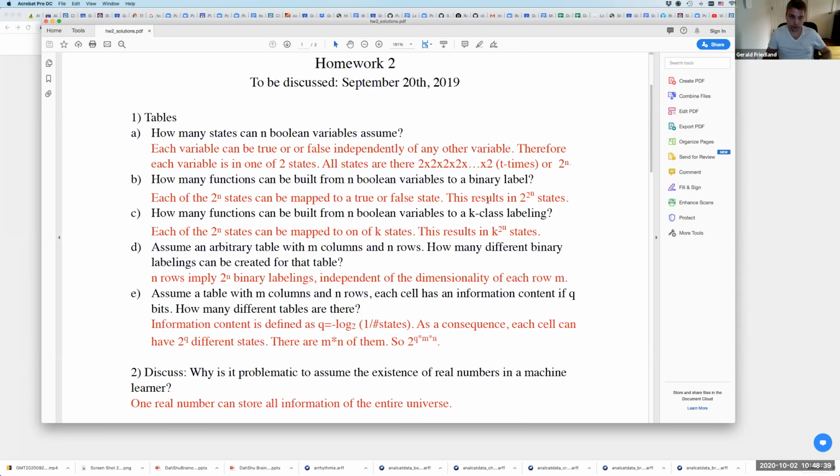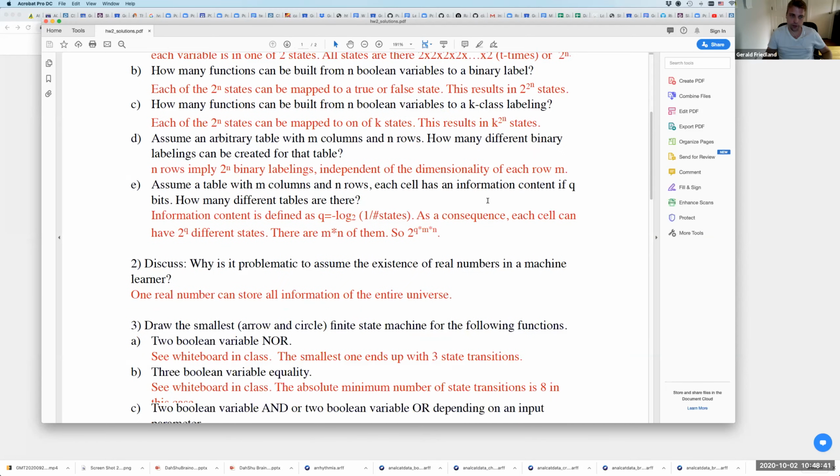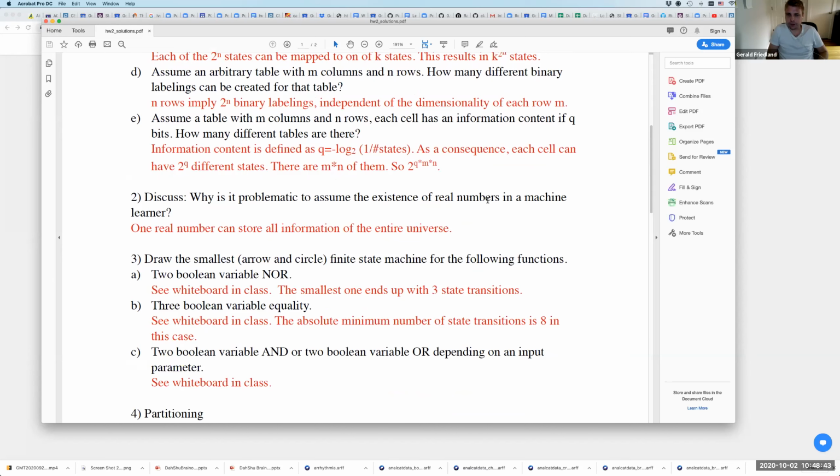So yeah, that's correct. Now discuss, why is it problematic to assume the existence of real numbers in a machine learner? The problem is that one real number can store all information of the universe. If you want to have any chance of measuring at all, you have to ditch infinity. Infinity is a mental construct that is super helpful, but it doesn't help you with measurements.